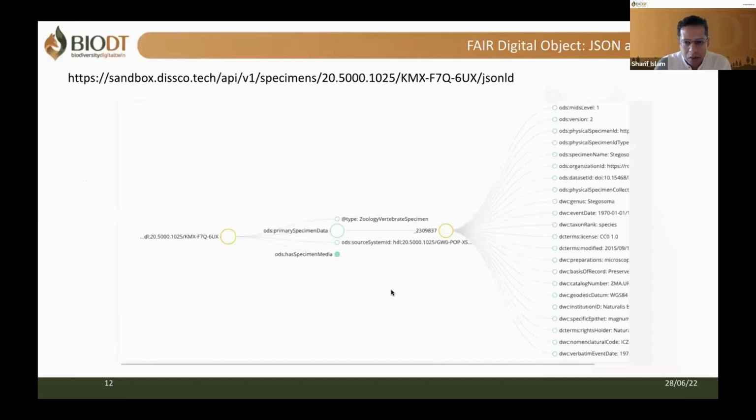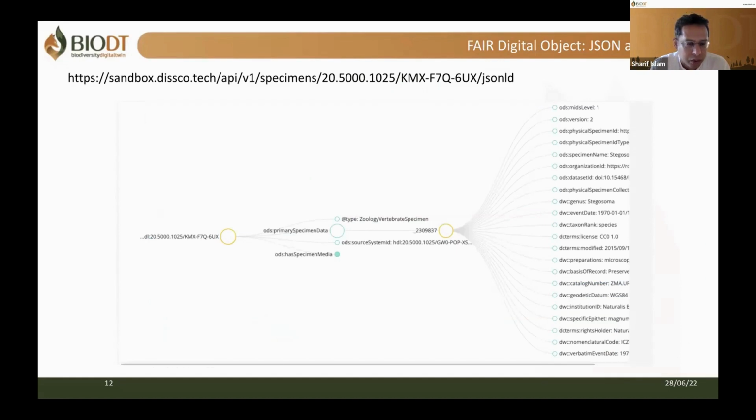We're also looking into specific serialization of this data, JSON and JSON-LD in particular. Of course, there will be options for both humans and machines to grab this data in different formats through our API.